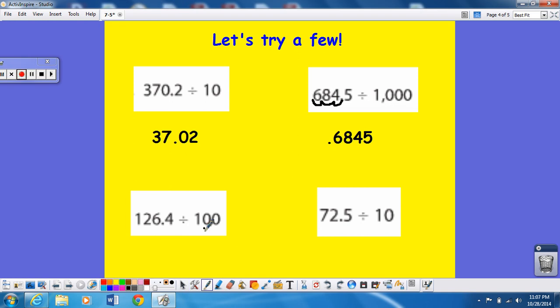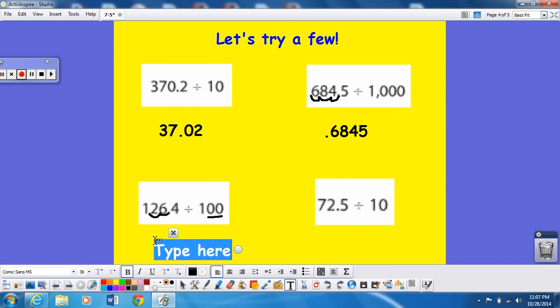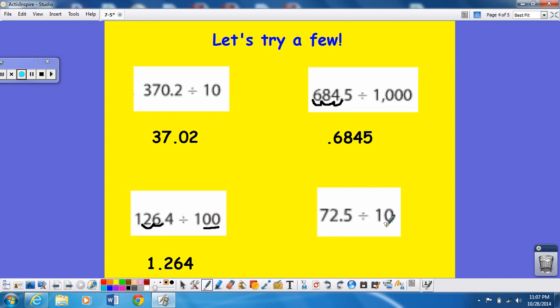Let's look down here at this problem. There are 2 zeros in 100, so that means this decimal point's going back 2 spaces, 1, 2. My answer to this problem is 1 and 264 thousandths. And the last problem on the page, divided by 10 means 1 zero, which means you go back 1 place.